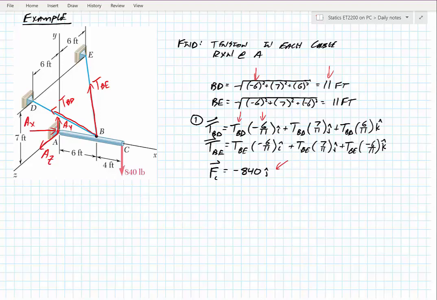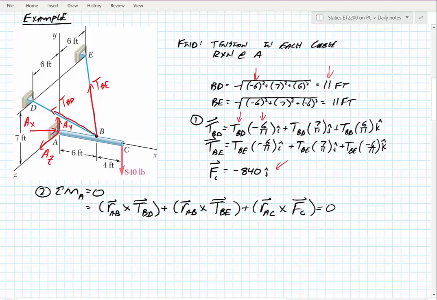So the next step, step 2, we said was to sum the moments about a point that will make many of these unknowns go away. I'm going to pick point A, and I went ahead and drew in all of my r cross F's. As a reminder, we're going from the point we're doing the moment about, from A, out to our forces.